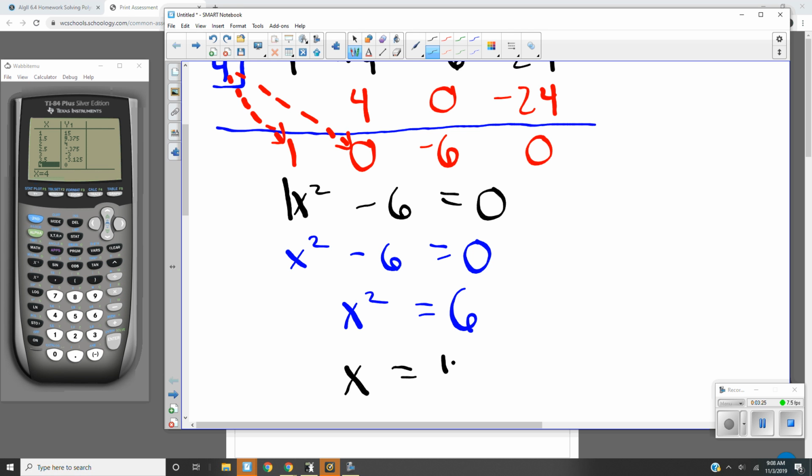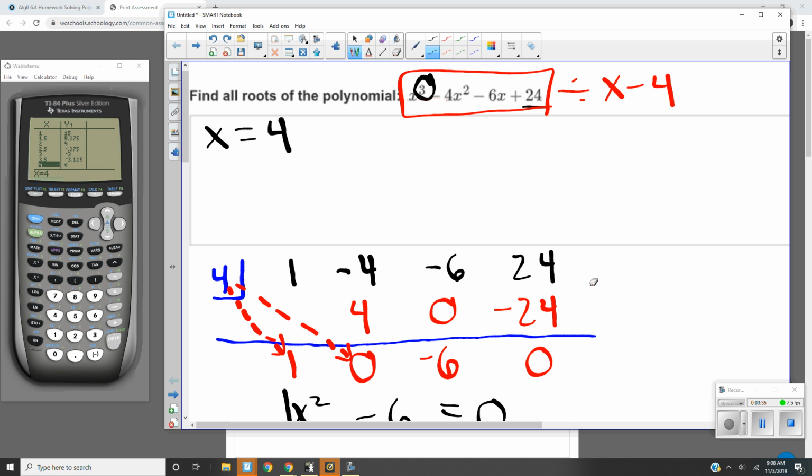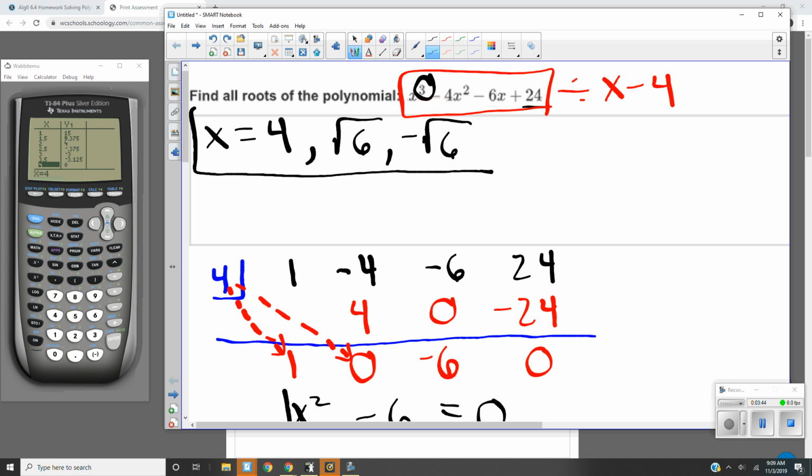When you take the square root of both sides, you get a positive and negative answer. So your other 2 roots or other 2 solutions are positive radical 6 and negative radical 6. I'm going to write it out as 2 different numbers, but you absolutely could write plus or minus radical 6.